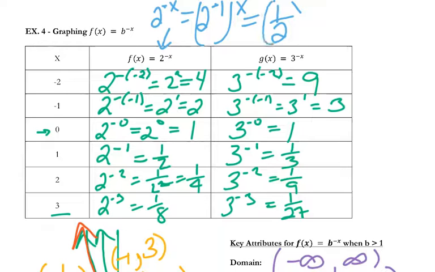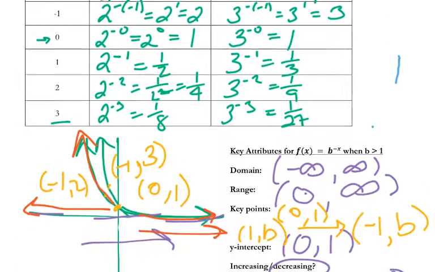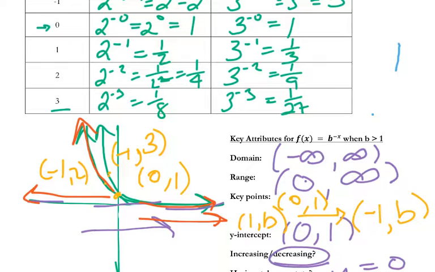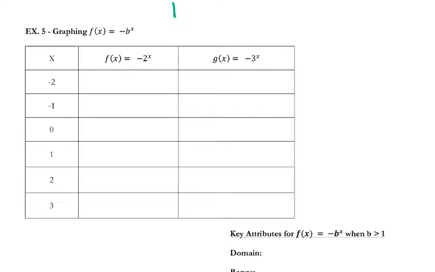So this graph is actually identical or equivalent to 1/2 to the x. So 2 to the negative x is the same thing as 1/2 to the x. This one would be equivalent to 1/3 to the x. So if our b value is between 0 and 1, it looks like a reflection. All right. On to the next kind of graph.